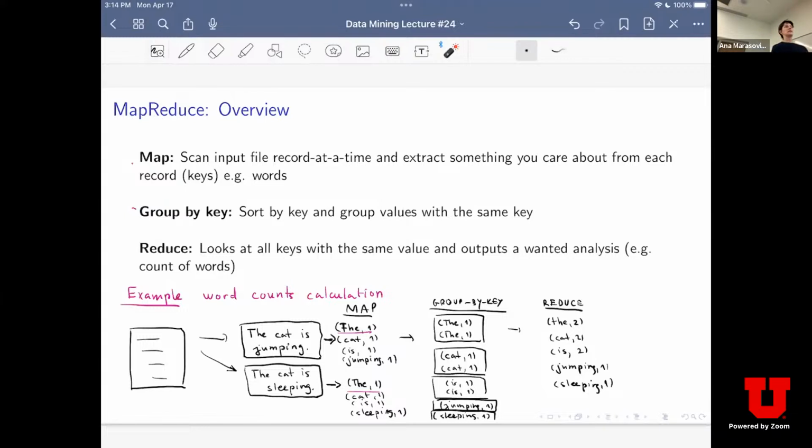But in the word count example, if you add more data, you can add another job, right? And you can just update these values at the end. So I don't think in this example it matters, but I don't think it's so simple for any kind of problem you might have.